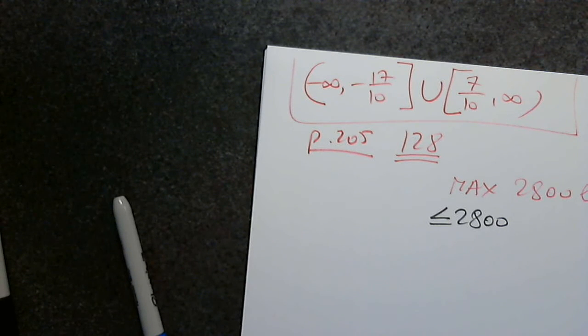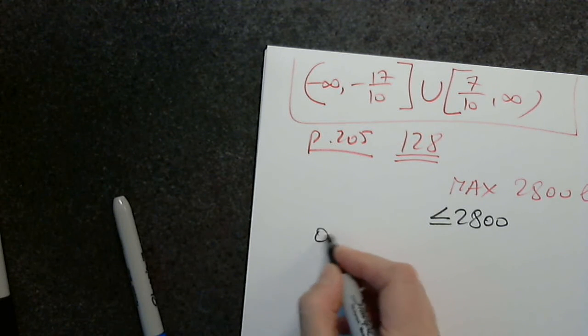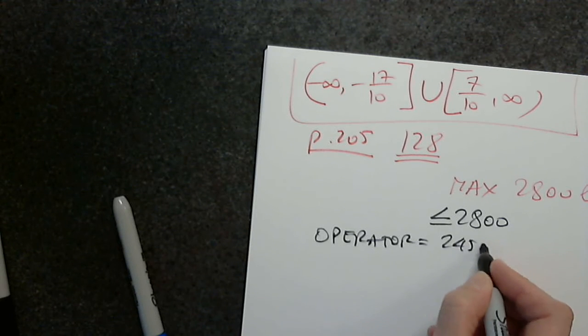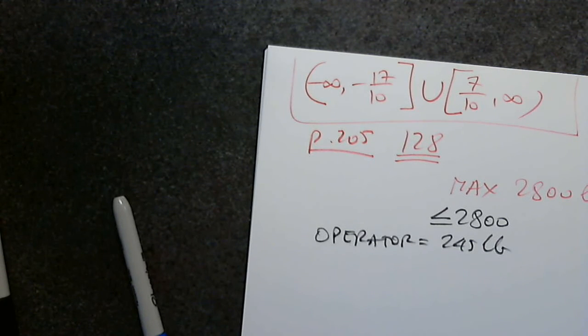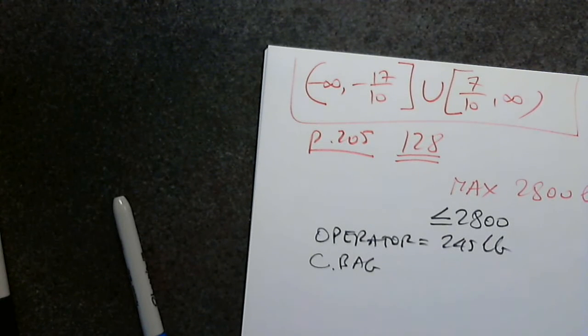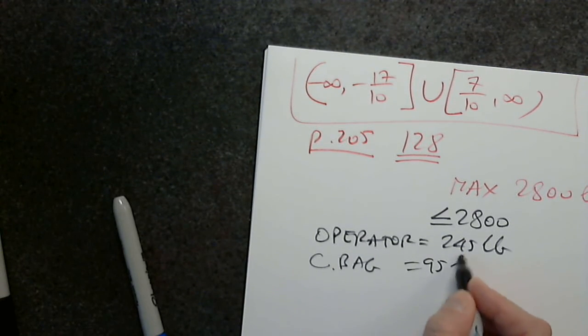Next: if the elevator operator weighs 245 pounds, and each cement bag weighs 95 pounds, how many bags of cement can be safely lifted on the elevator in one trip?